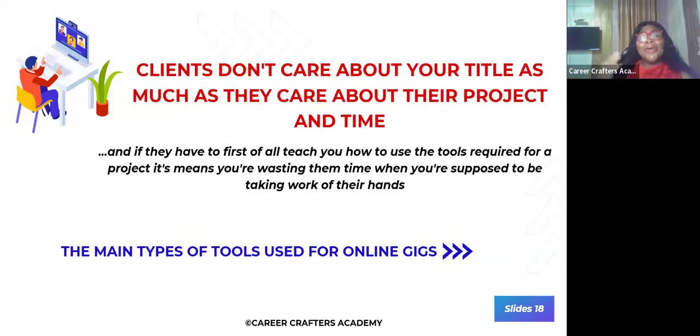If you're just talking all of that, they might zone out. But when you bring up the problem that they have, oh, before this meeting, I went on your website and I saw the problem you're having, and this is how I can help you, you've gotten that job. If you were a website designer or something, you've gotten it. So clients don't care about your title as much as they care about their project and their time.